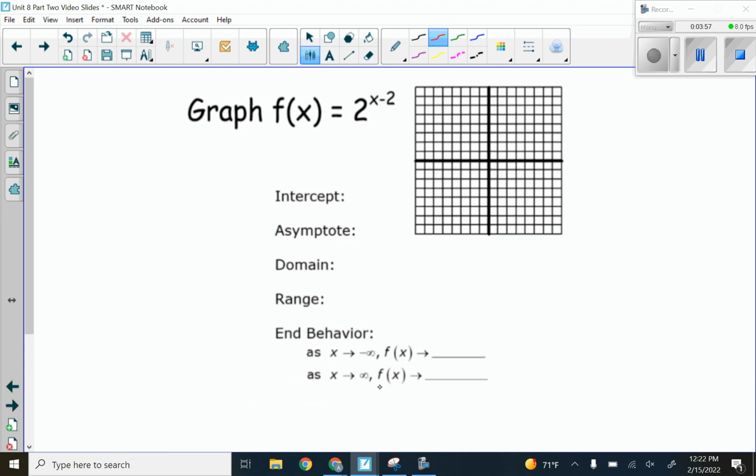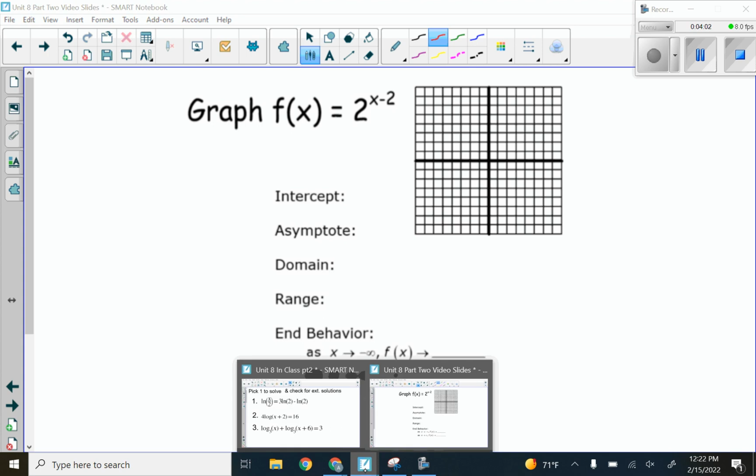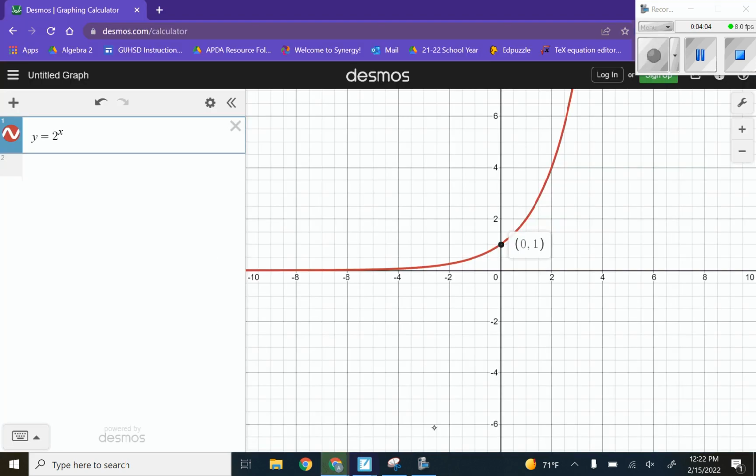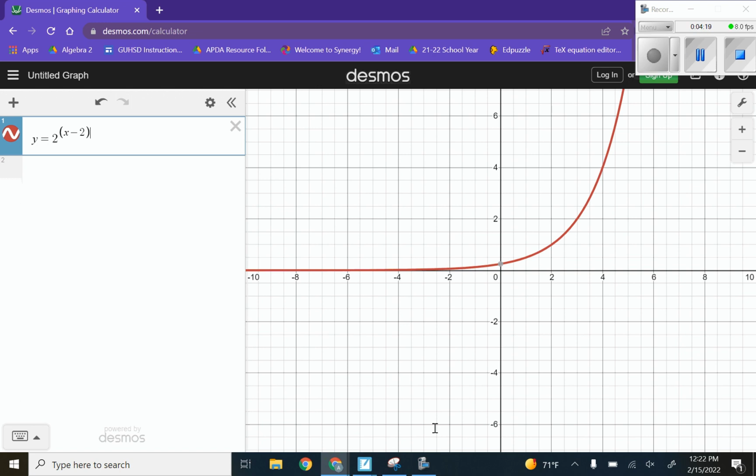Next example, we have f of x equals 2 to the x minus 2. So using Desmos to help us out. Sorry, that's 2 to the x minus 2 power. So I'm going to put parentheses so that I include that minus 2 in there.